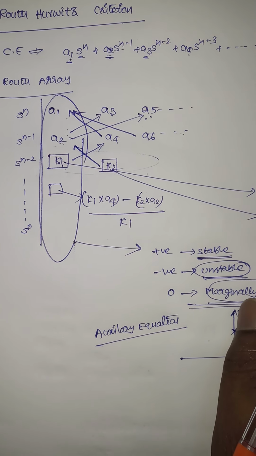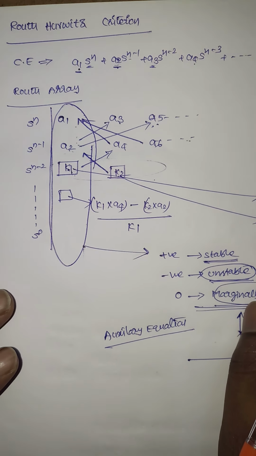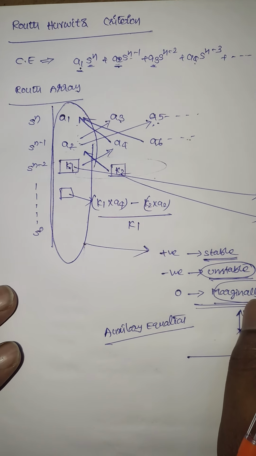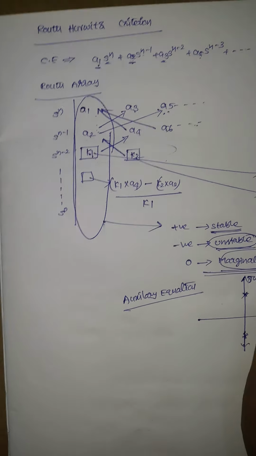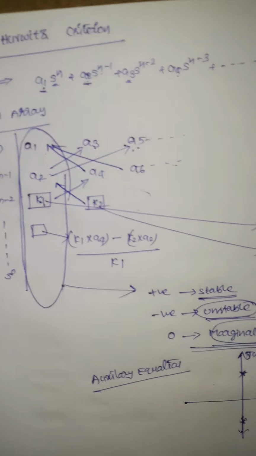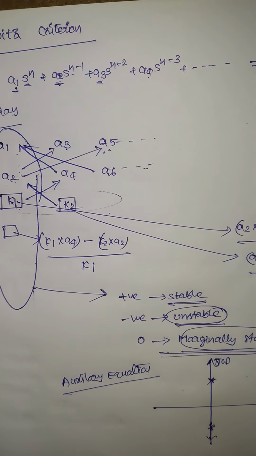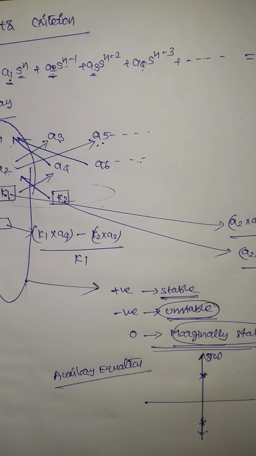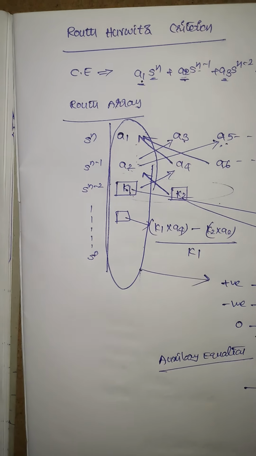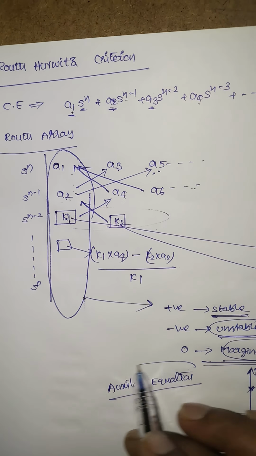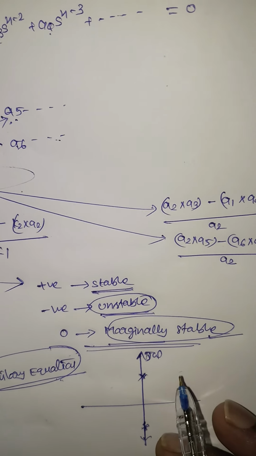The number of poles in the right half of the S-plane is obtained by the number of sign changes in the first column. If any row becomes 0, the system is marginally stable, and the location of the poles on the imaginary axis can be obtained from the auxiliary equation. We can discuss this auxiliary equation after some time.